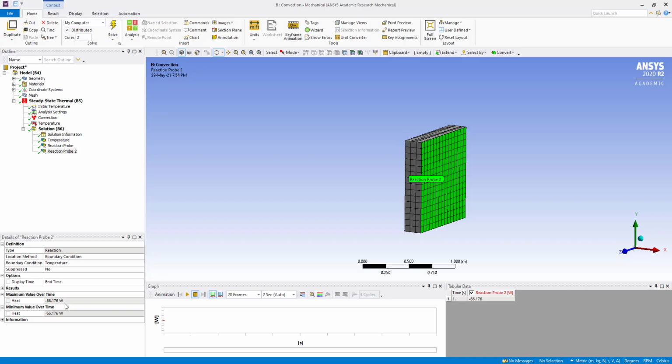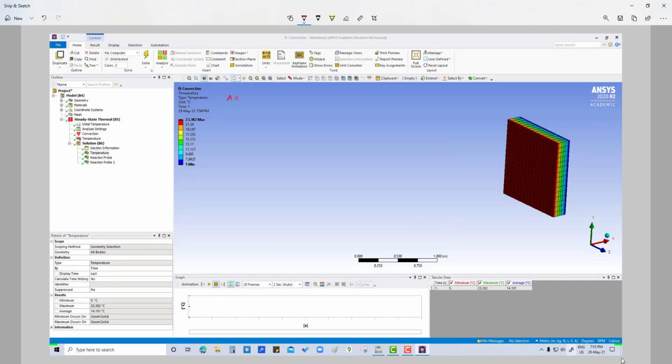So let's start. First we have area that is 1 meter square, and film coefficient, that is H, that we have 10 watt per meter square Kelvin, and the equation we know is Q equals delta T upon R, the resistance.